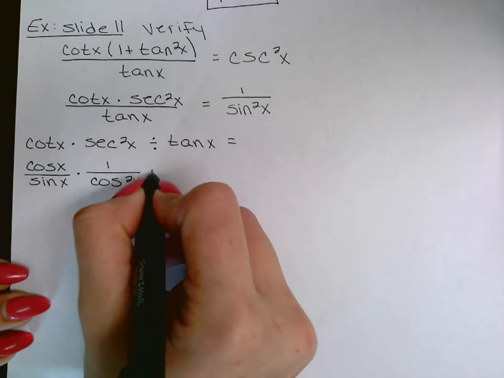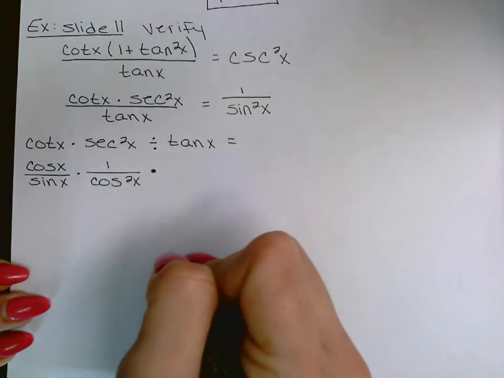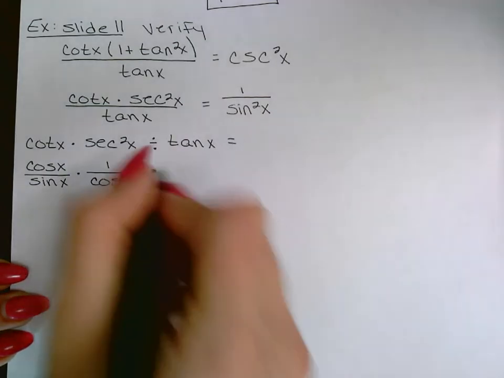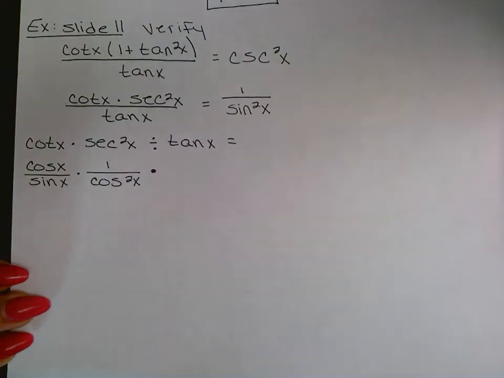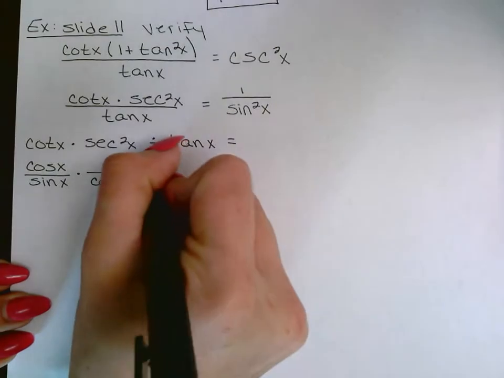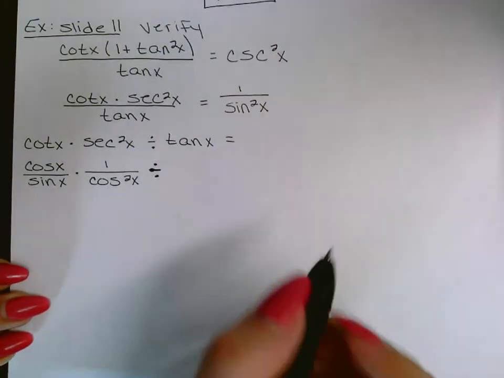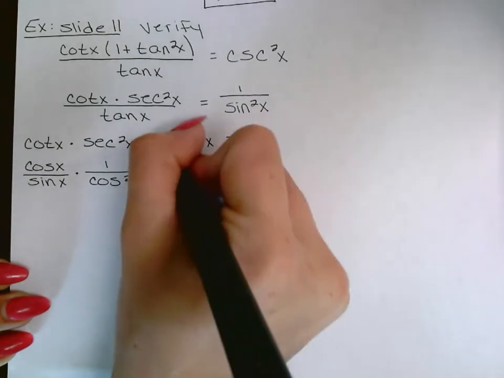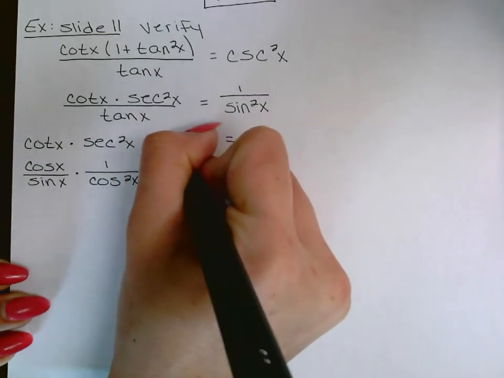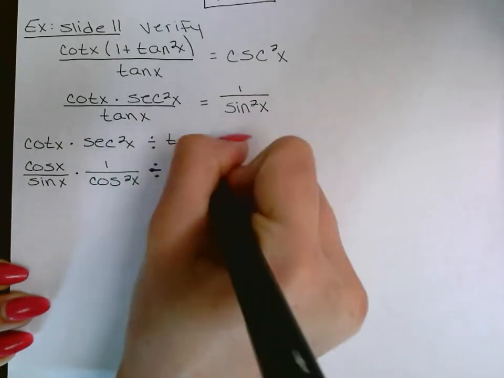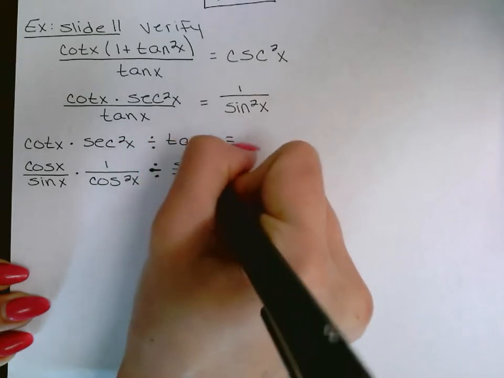So I need to say times 1 over tangent. Or for now, actually let's do this instead. Let me show you why. Well, can't find my whiteout, so this is going to become a division symbol. I'm going to say divided by tangent, which becomes sine of x over cosine of x. Okay?